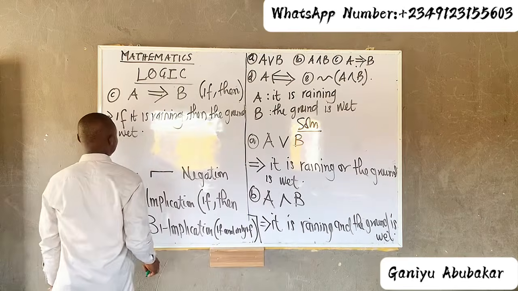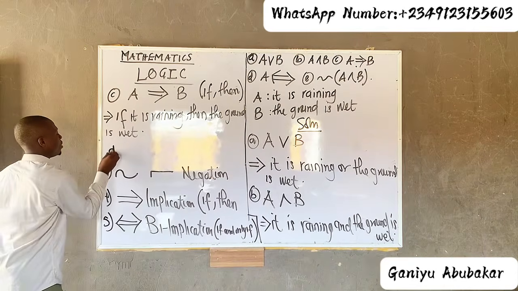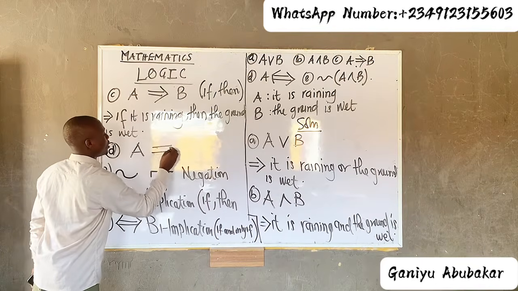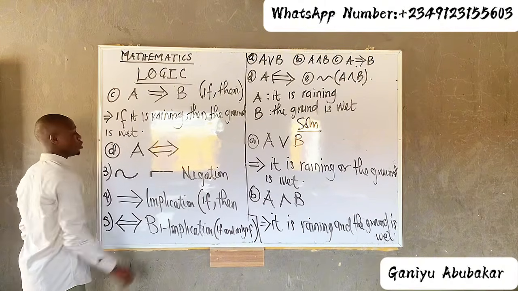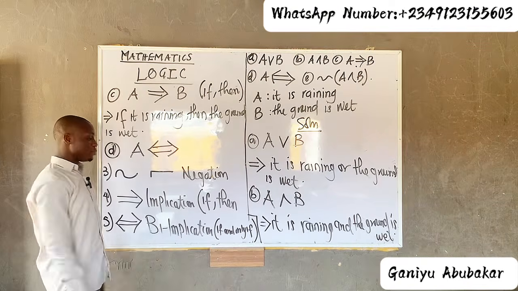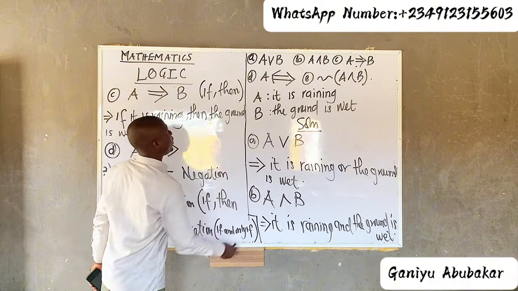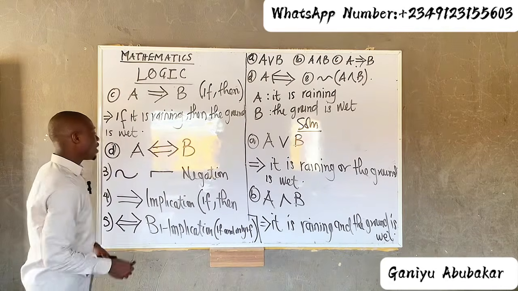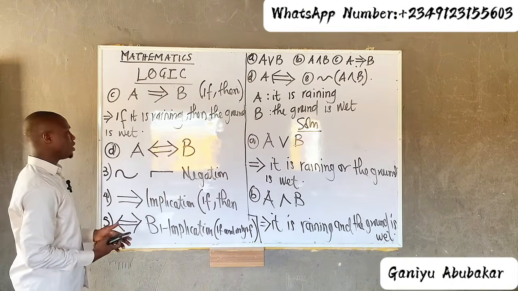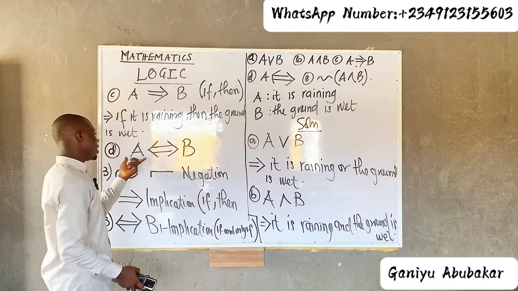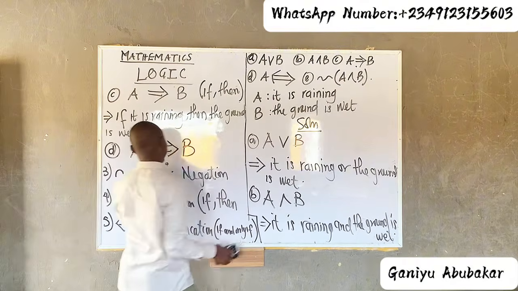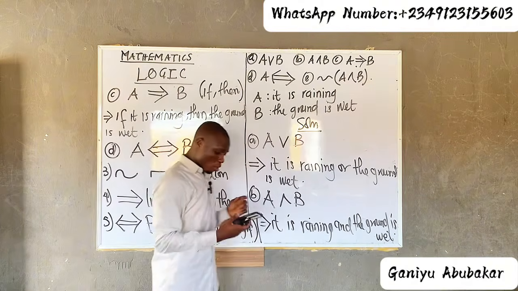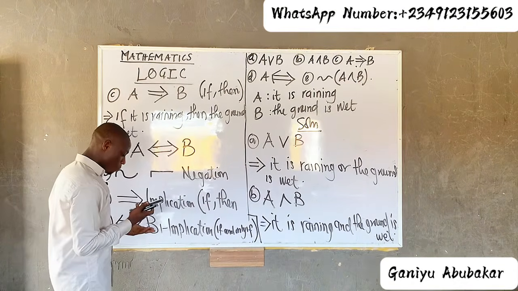Let's do D. For D, I have A, then this symbol, which means "if and only if." How do I write this one? It becomes "it is raining if and only if the ground is wet." That's the correct form.